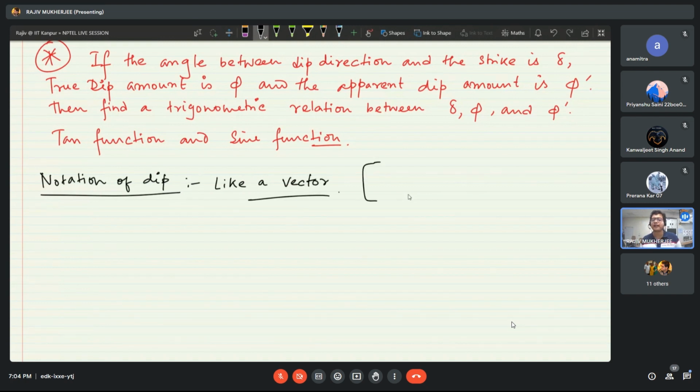Because a vector has two things. What does a vector have? Can anyone answer? A quantity and a direction. Exactly, the vector essentially has a magnitude and a direction.